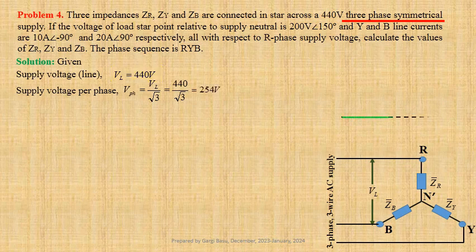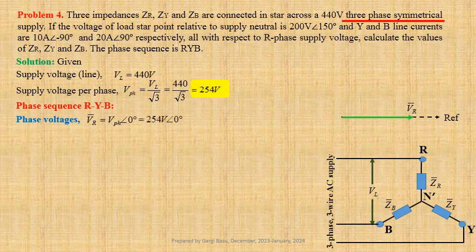Taking R phase voltage VR as reference, for phase sequence RYB we can write phase voltage VR equals V phase at an angle 0 degree, that is equal to 254 volts at an angle 0 degree. This may be written in Cartesian form as 254 plus J times 0 volt.